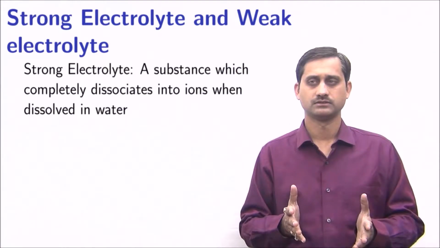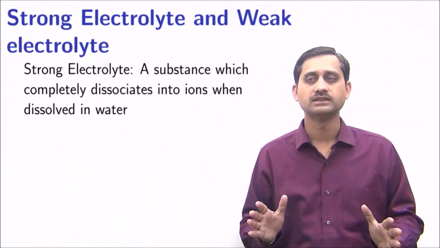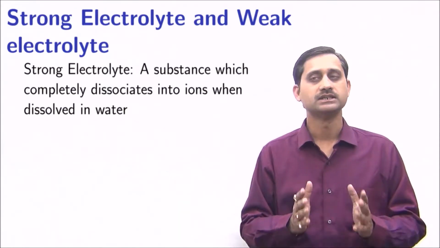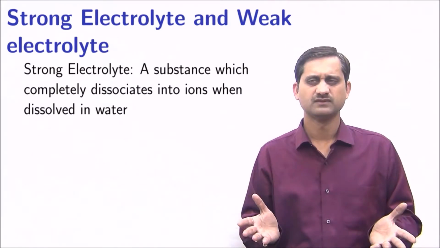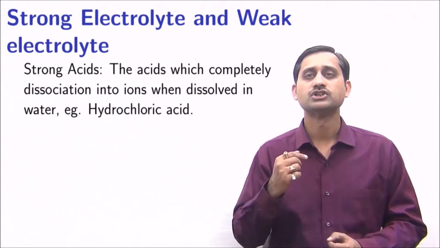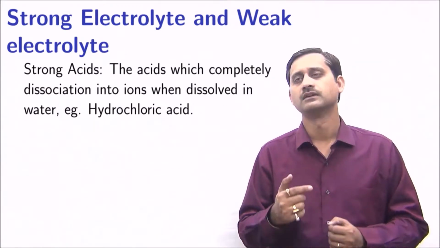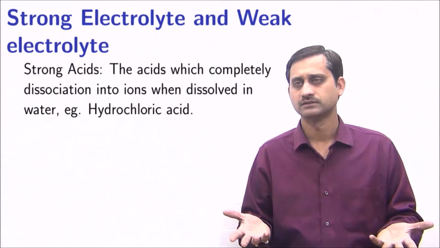Strong electrolyte, a substance which completely dissociates into ions when dissolved in water, is termed strong electrolyte. The acids which completely dissociate into ions when dissolved in water are termed strong acids. For example, hydrochloric acid.